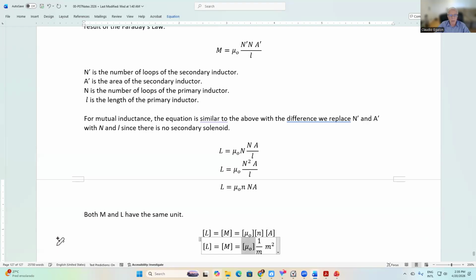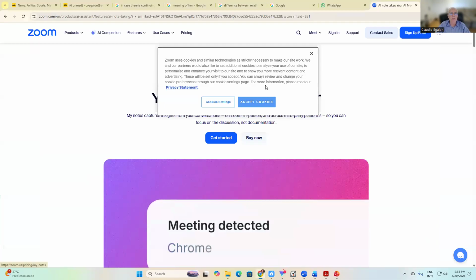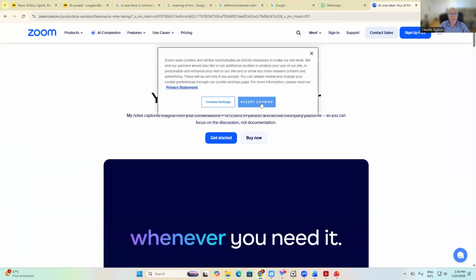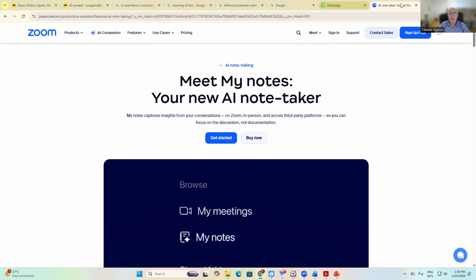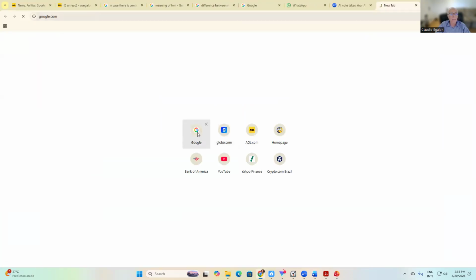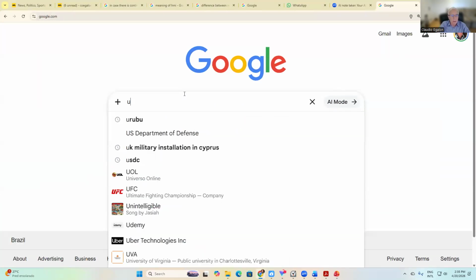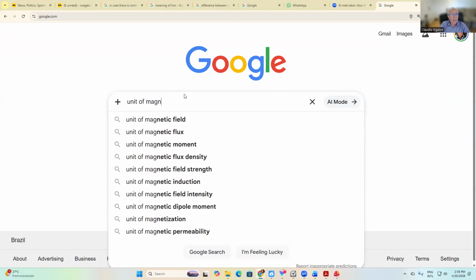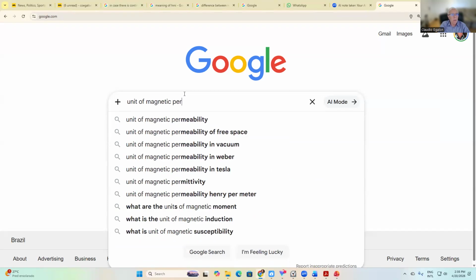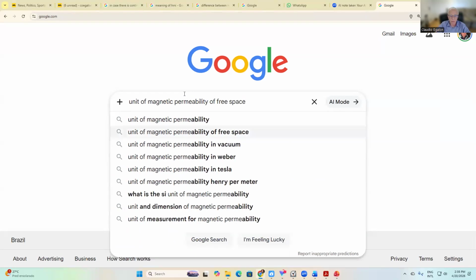And this one here, we have to look up. What's the unit for mu naught? Let's take a look at the unit of the magnetic permeability of free space.